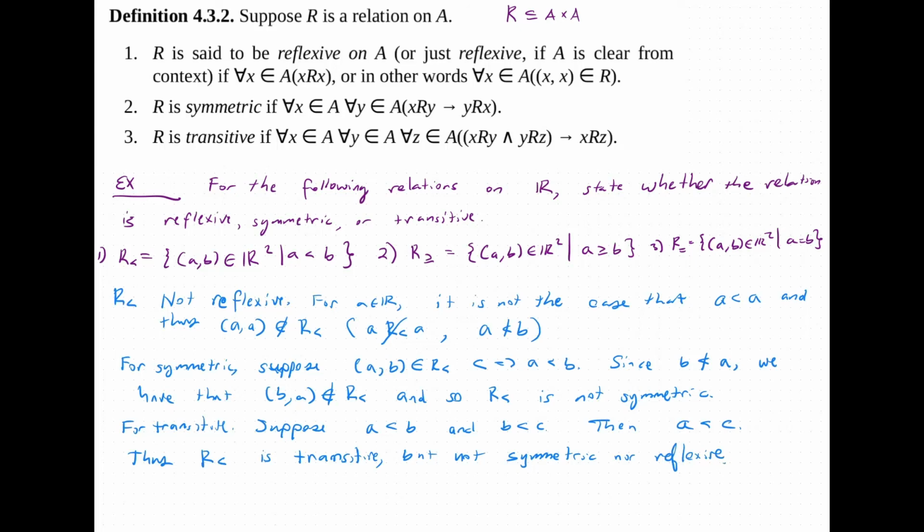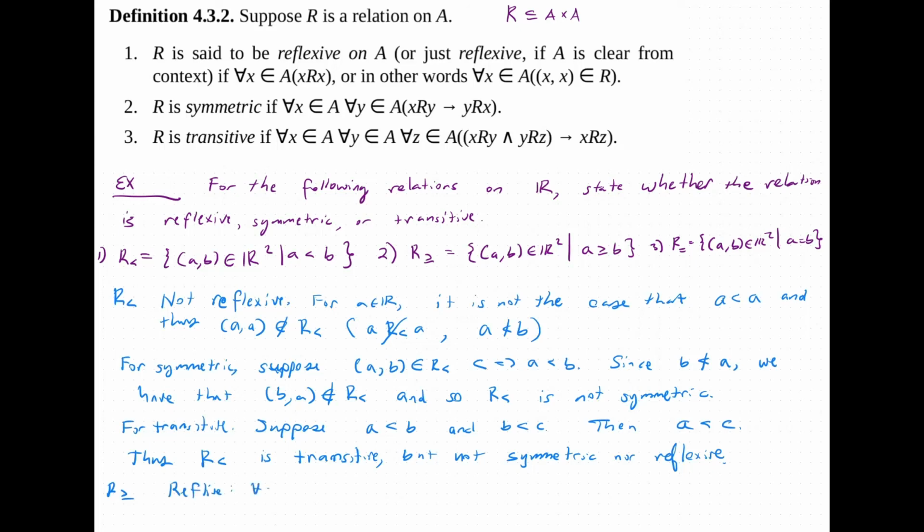What about greater than or equal to? So this one I'm going to speak verbally since we have the same ideas now. So for reflexive, in this case we do have it, because we do have that a is greater than or equal to a. So it is reflexive.